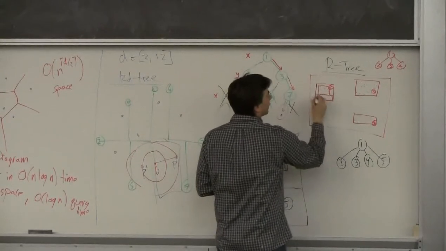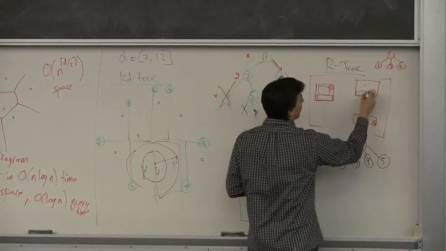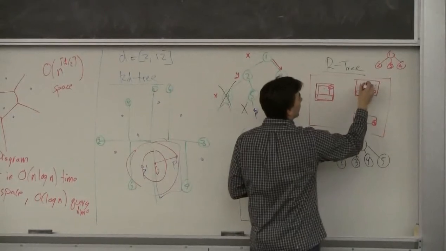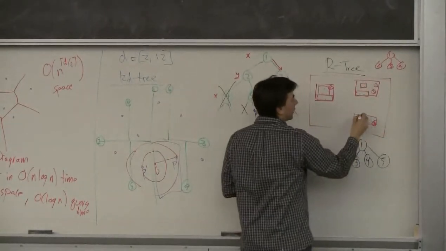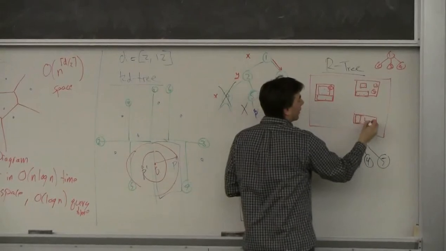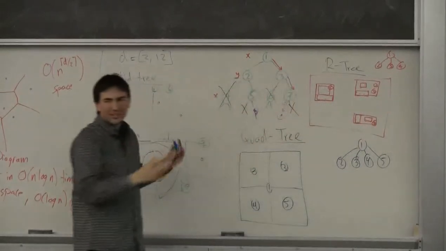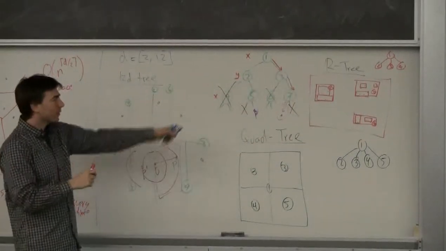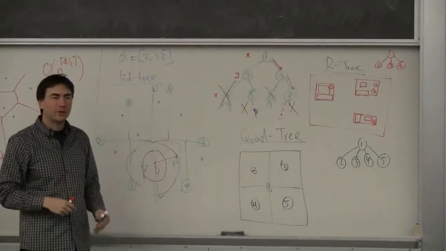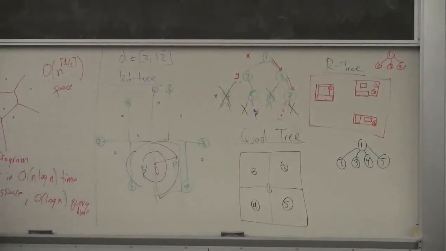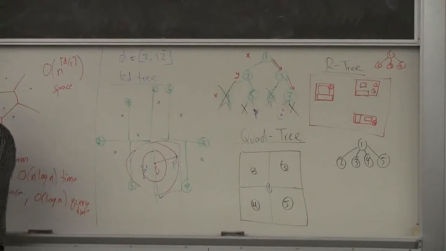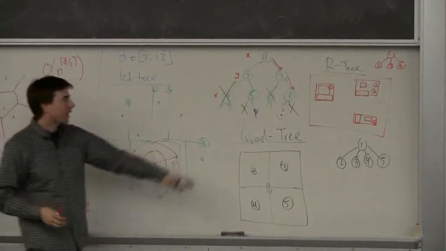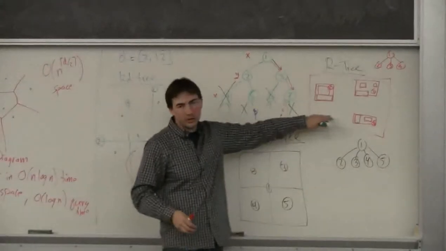And there are various policies on how to do this, maybe you want to avoid really skinny rectangles because it doesn't do the pruning as well, right? So in 2 to 4 dimensions, this works pretty well. And there are versions of this, like the B tree, for really massive data that are designed to work with this R tree type structure.